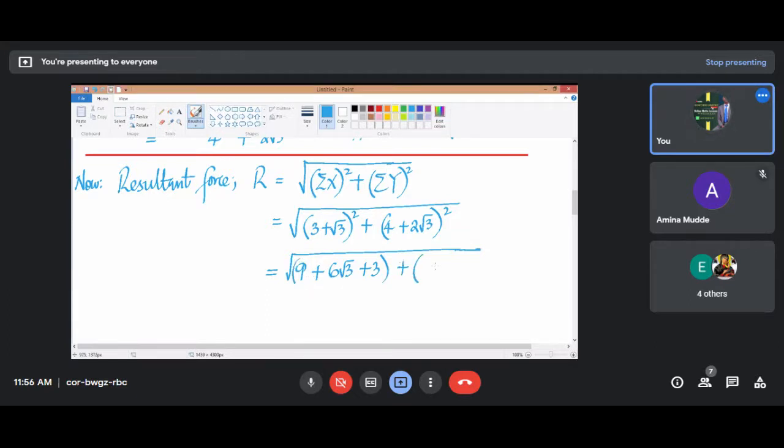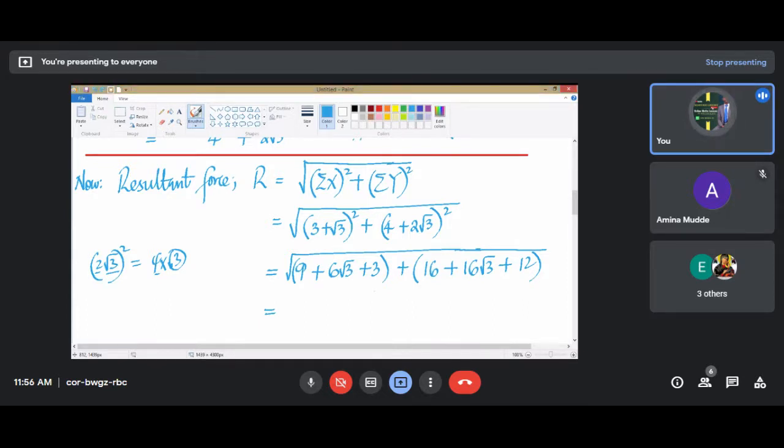Expand normal and see. That is 16 plus 16 root 3 plus, when you square 2 root 3, it is the same as 4 times 3, which is 12. After squaring root 3, you get 3, and squaring 2 gives you 4, which is 12. Then 9 plus 16 is 25. Actually, that one is the same as getting the 9, add a 3, add a 16, add a 12.